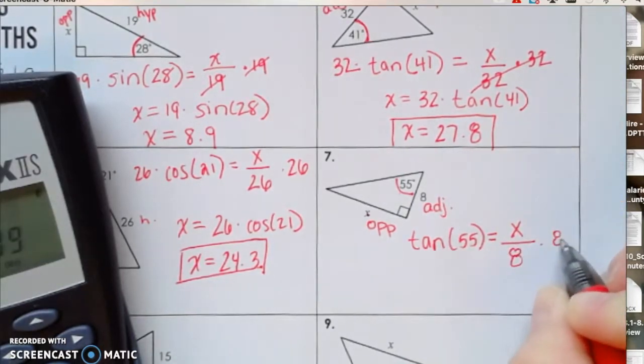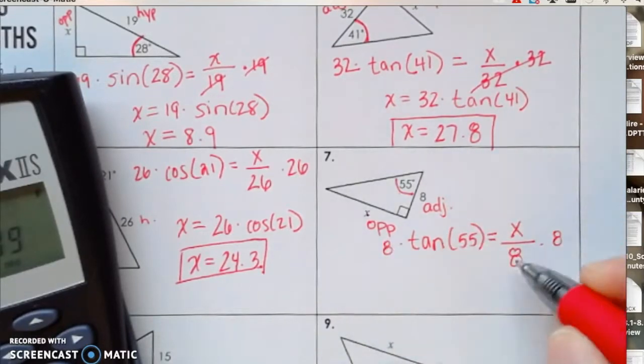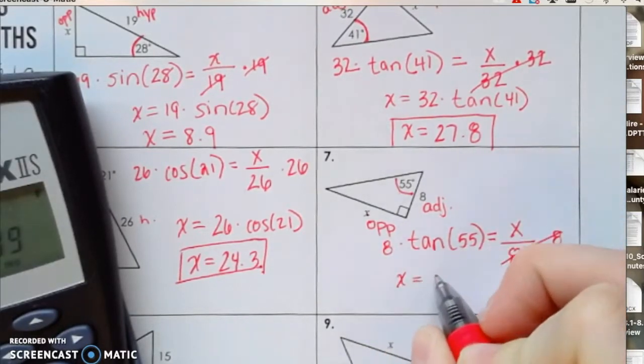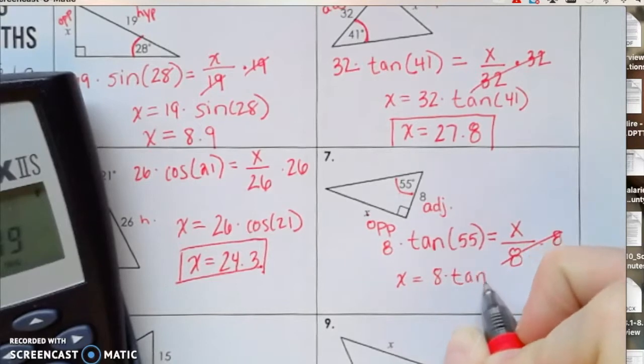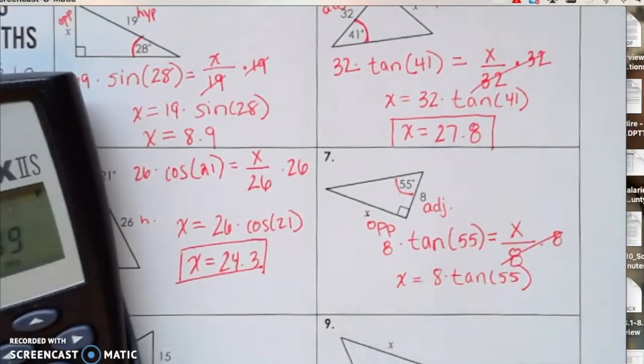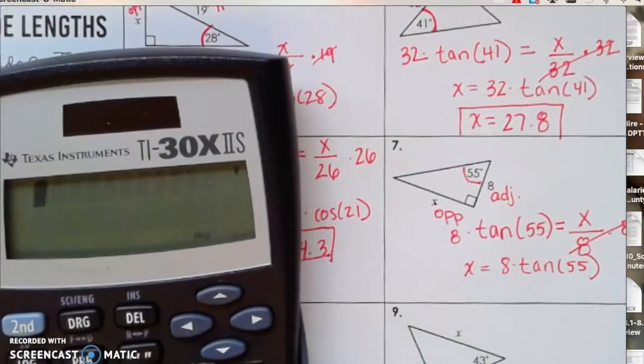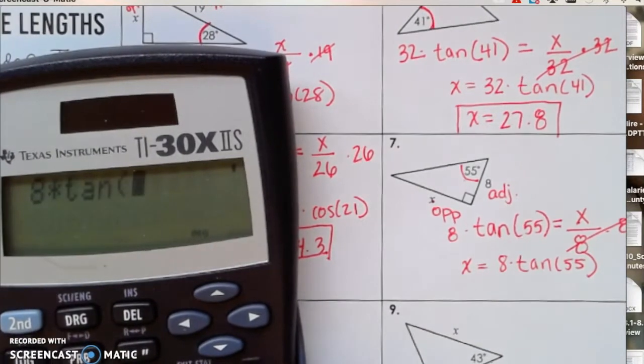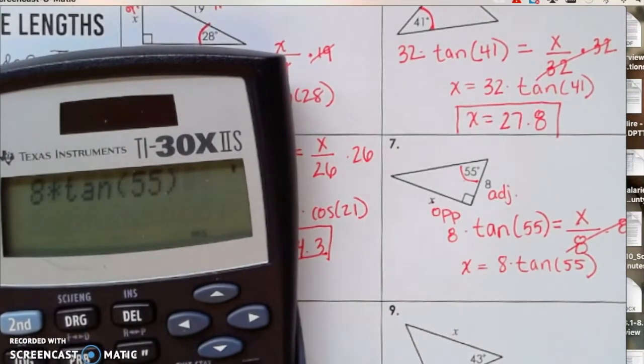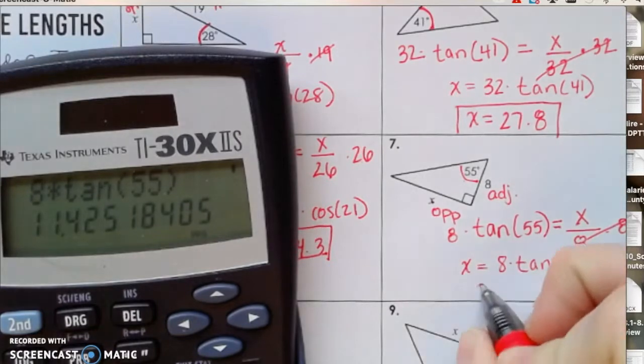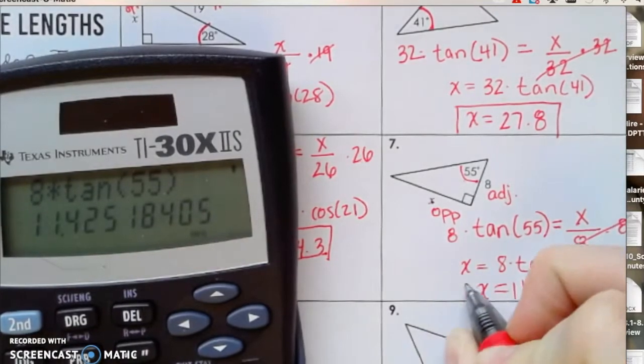So I'll multiply both sides by 8 to solve for x. So I'm going to take 8 times the tangent of 55. 11.4 is equal to x.